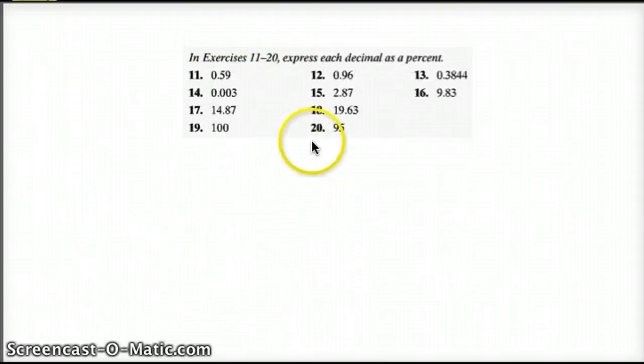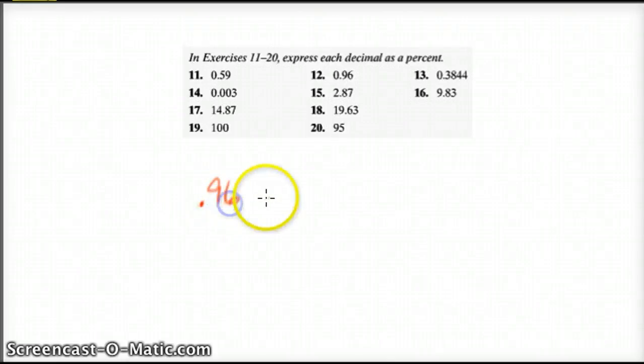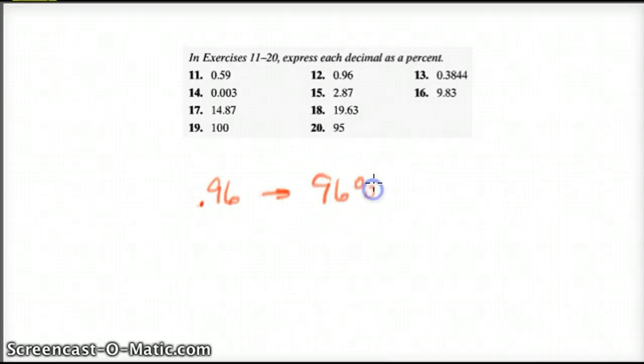Okay, here's a set of problems. Express each decimal as a percent. Let's look at 12. 12 is 0.96. Express that as a percent. Okay, well, that's just going to be 96%. Okay, we get that. How about 18? 19.63.